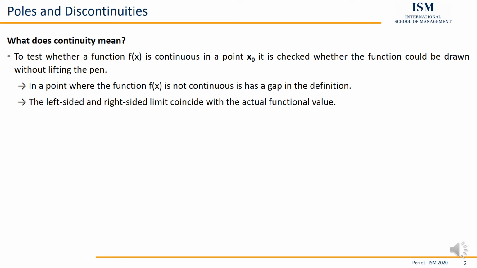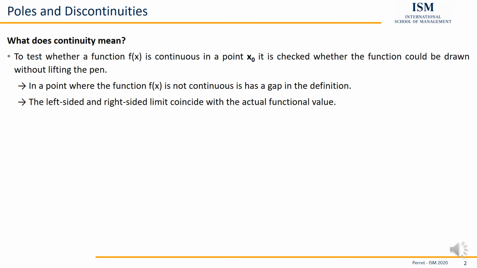In a mathematical context, what we say is we consider two limits. The limit from the left and the limit from the right. So we get closer and closer and closer to our specific point here, x0.